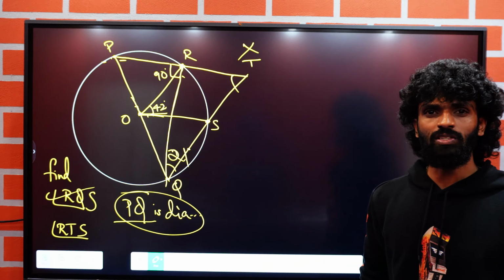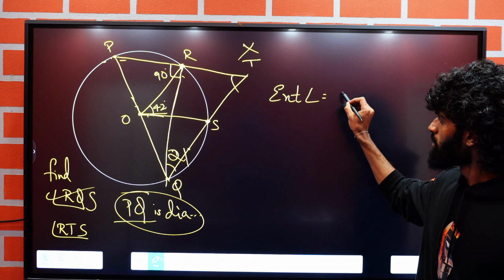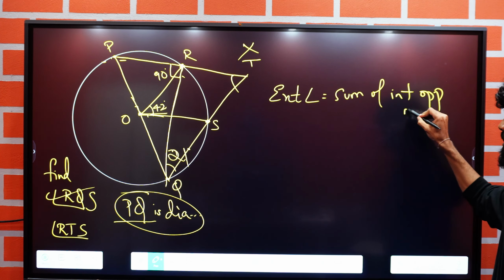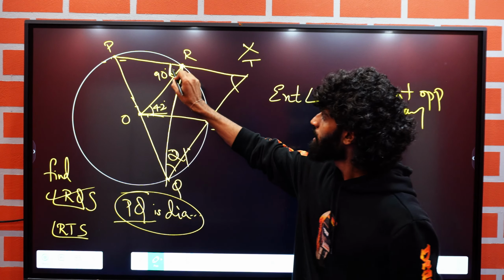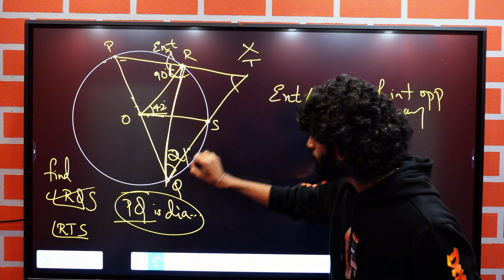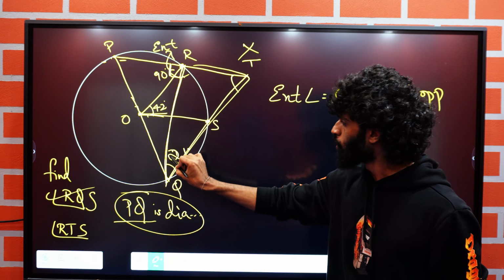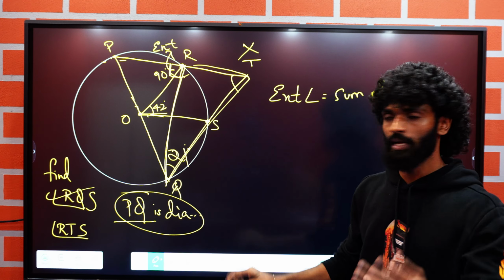Heard of something called the exterior angle property, where we learnt exterior angle equals sum of interior opposite angles. Now just imagine, this is 90, the exterior angle, for triangle RQT. Correct. So don't you think 90 will be equal to 21 plus RTQ? I'll apply that.